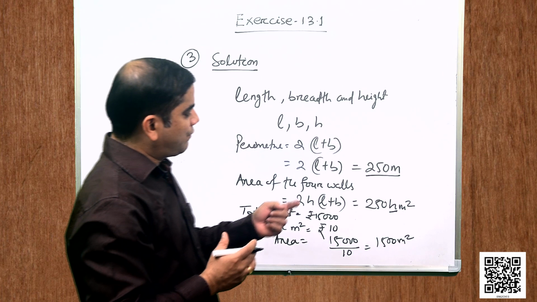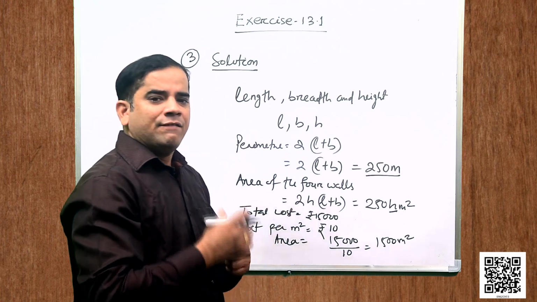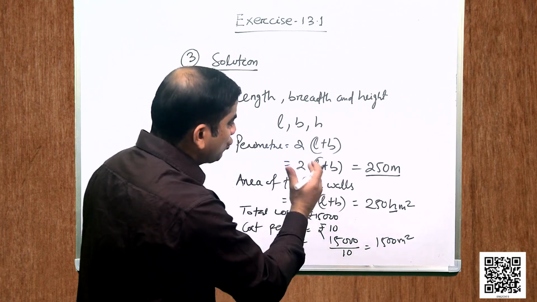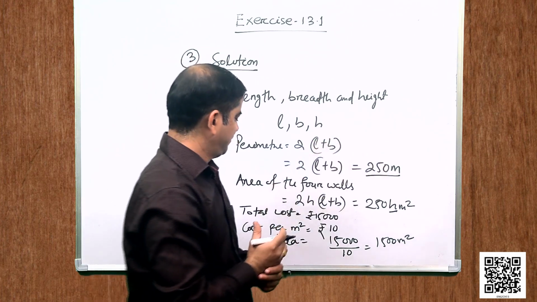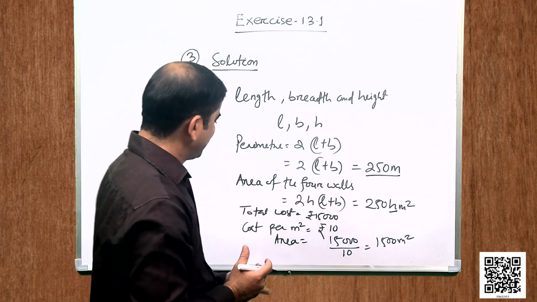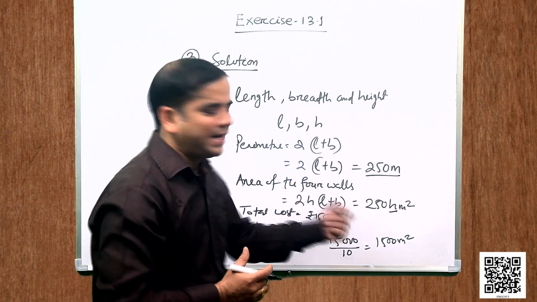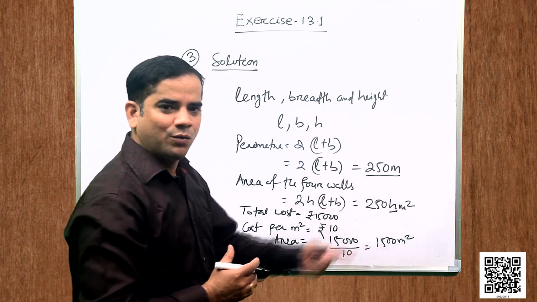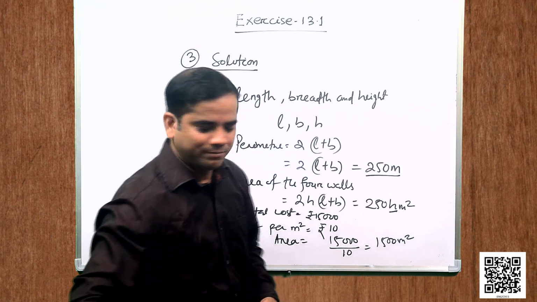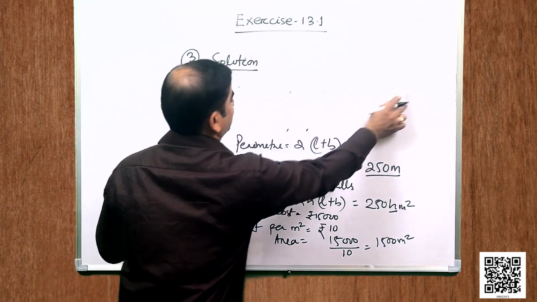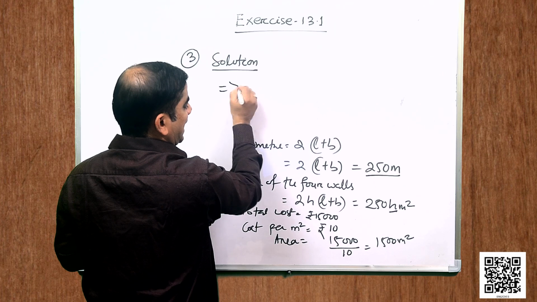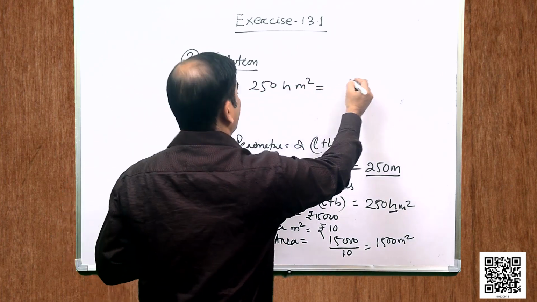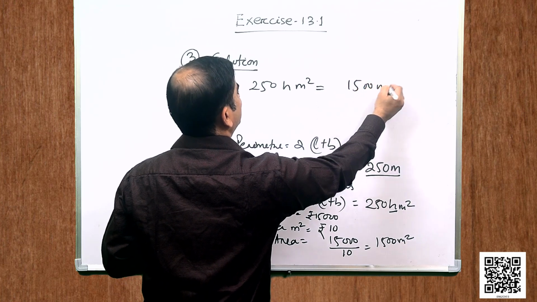So what we have found over here is 1500 meter square and 250H meter square, the area of the four walls and cost of painting. That means now we can equalize both of them. So it implies that 250H meter square is equal to 1500 meter square.